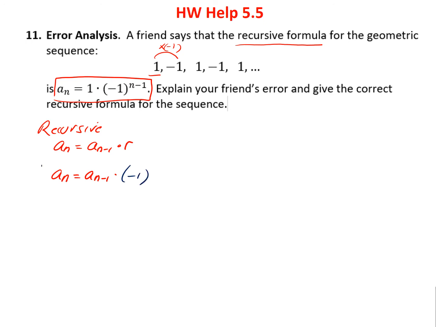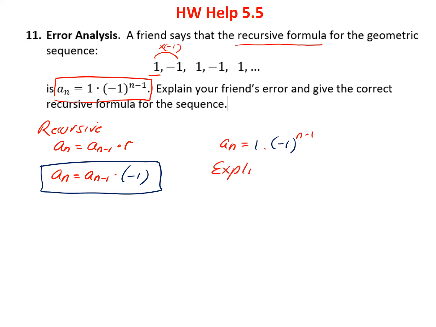That's the recursive formula. However, our friend wrote this. A to the n equals 1, our first term, times negative 1 to the n minus 1. So what did he write? Well, he wrote the explicit formula.